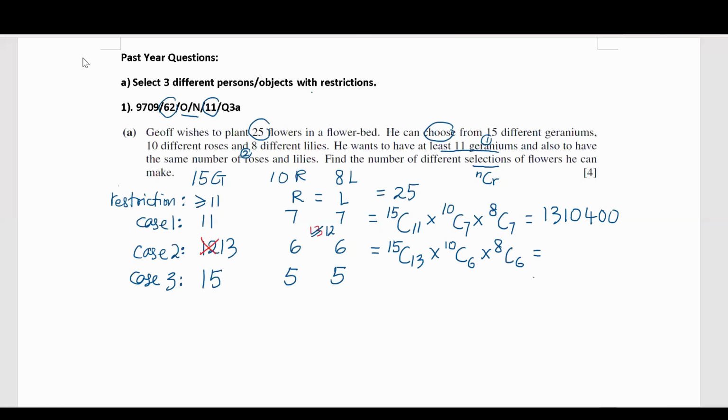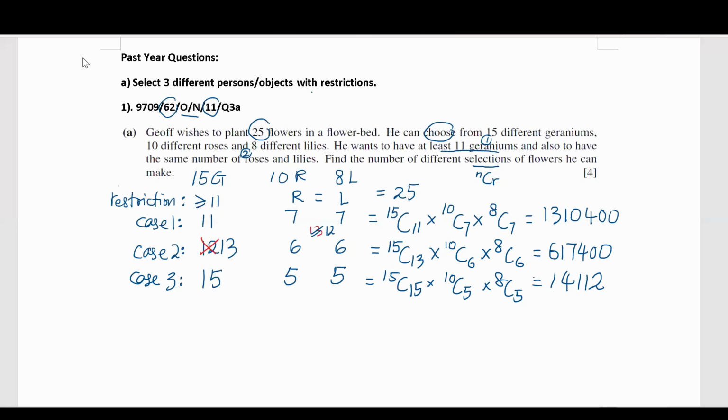So using the calculator, we find the number of ways to be 617400. And for case 3, we choose all of these 15. And 10 roses, choose 5. And 8 lilies, choose 5. So the number of ways will be 14112.